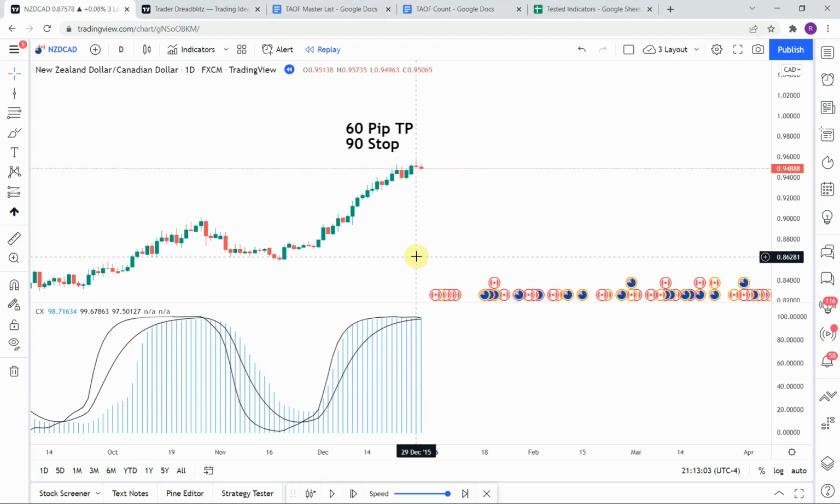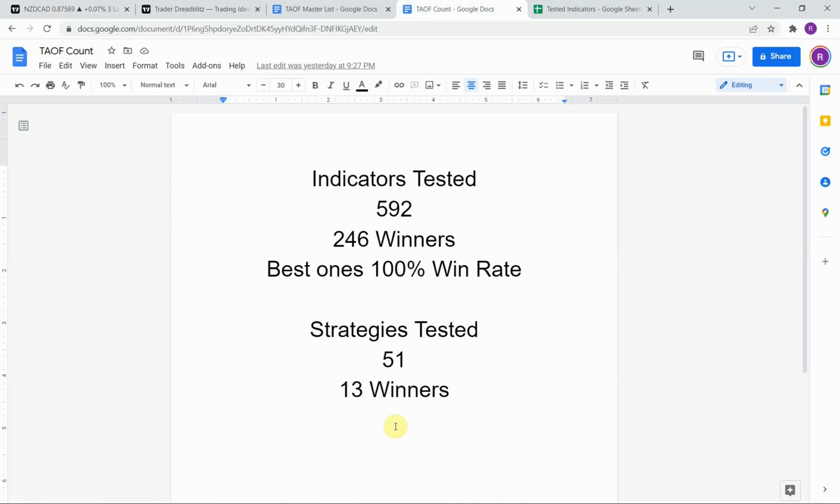Alright, as I said, today we will be testing the Crack X indicator. Before we do though, I wanted to put the testing scoreboard up for everyone to see. To date, we have tested a total of 51 different strategies, with 13 of them being profitable. We've also tested a total of 592 indicators, with 246 of them being winners.